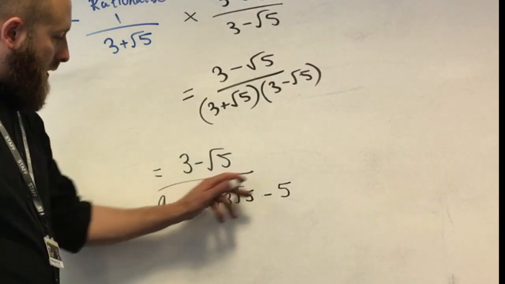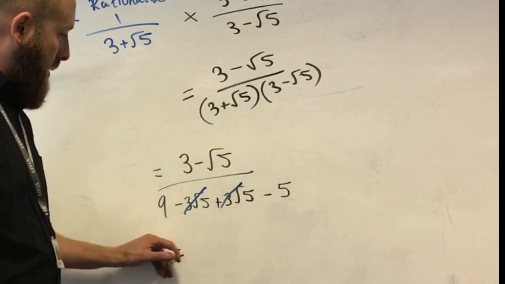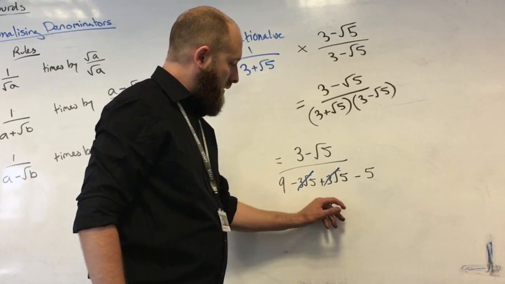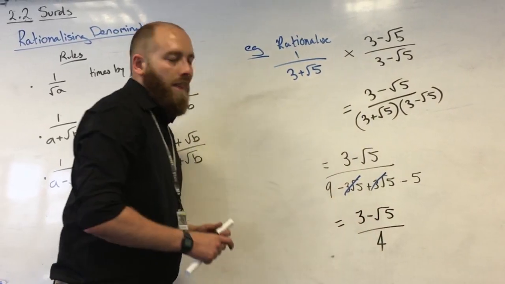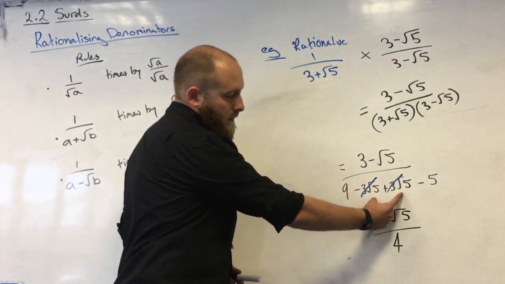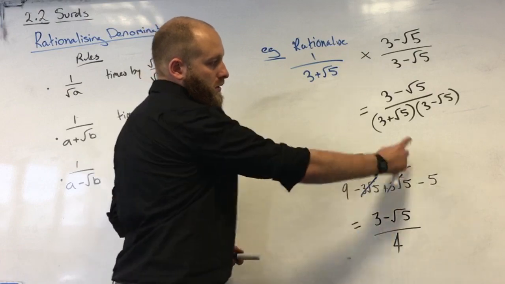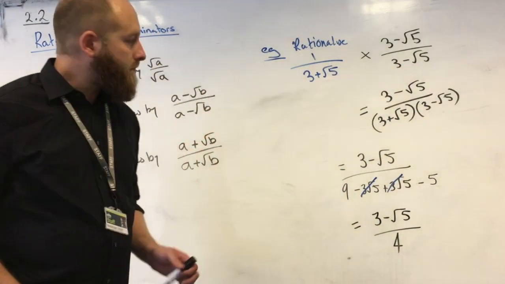So we're left with 9 take 5, which is 4. So that becomes 3 minus root 5 over 4. Denominator is rational. And that's the reason we've chosen the opposite sign, so that this middle term cancels itself out. And it wouldn't do that if you had the same sign in each term.